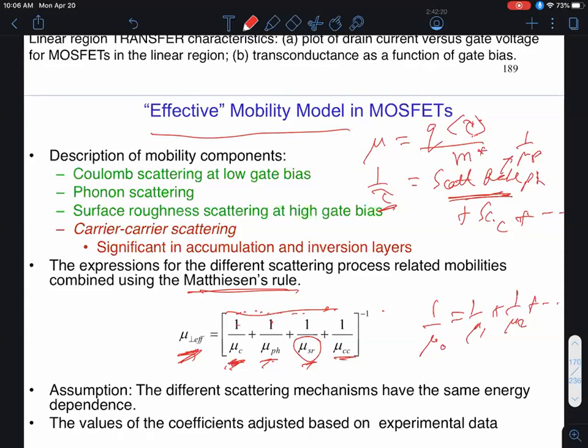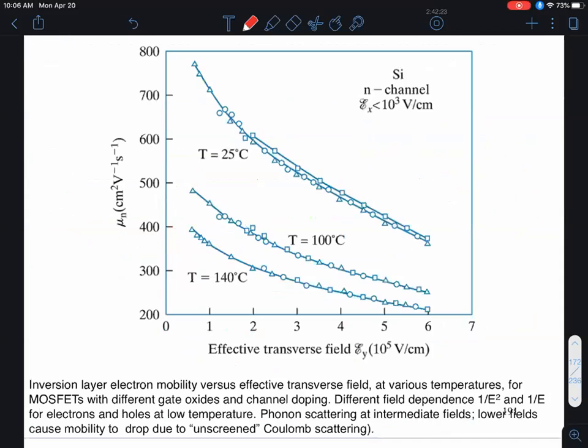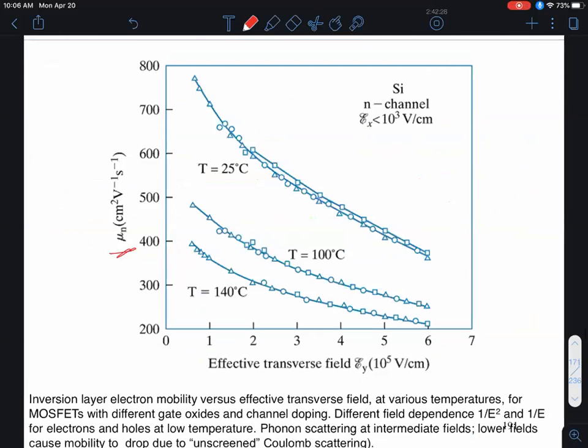Now this channel mobility as a function of this vertical electric field in this direction. That's what I'm calling effective transverse field, okay? Is shown over here. This is actual experimental data for different temperatures.